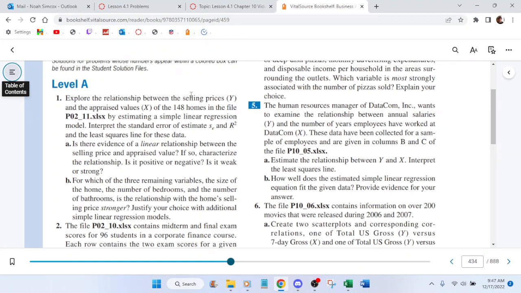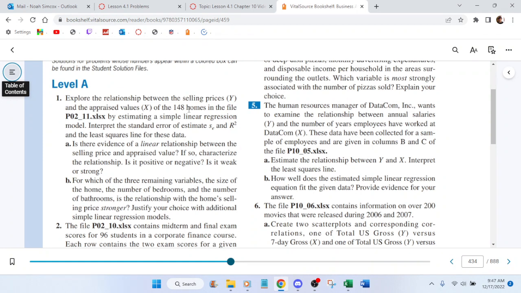Interpret the standard error of estimate and R-squared and the least squares line for these data. Is there evidence of a linear relationship between the selling price and the appraised value? If so, characterize the relationship.